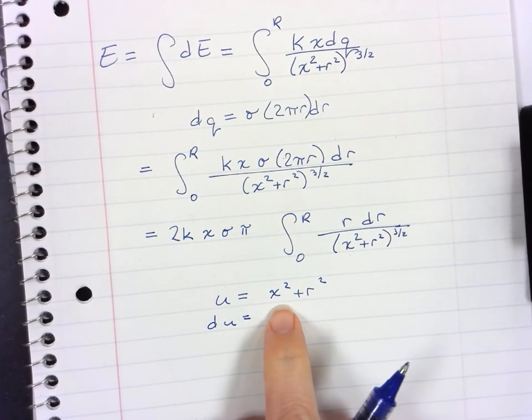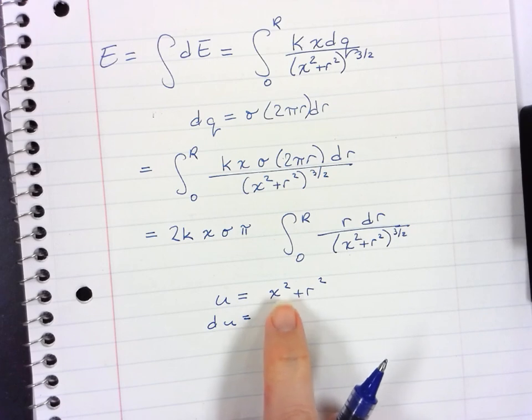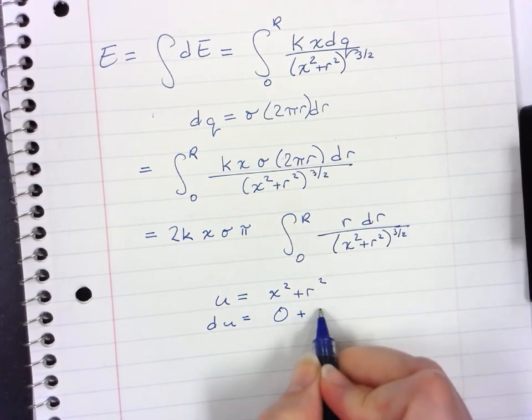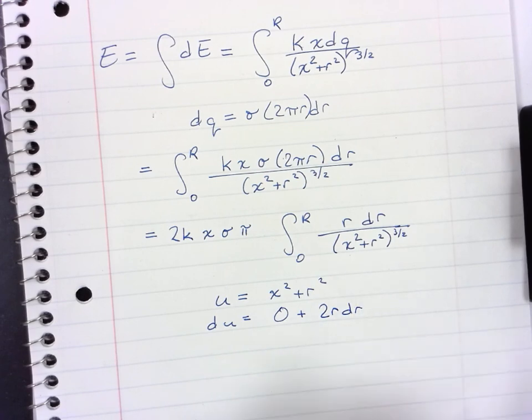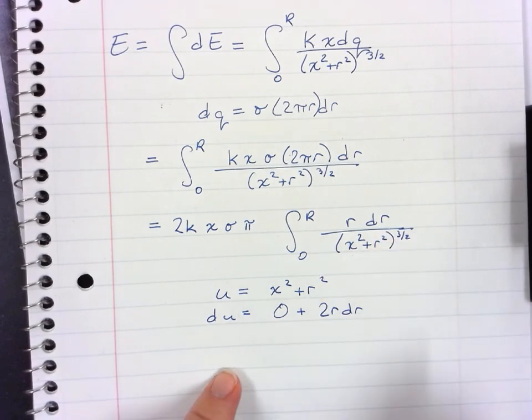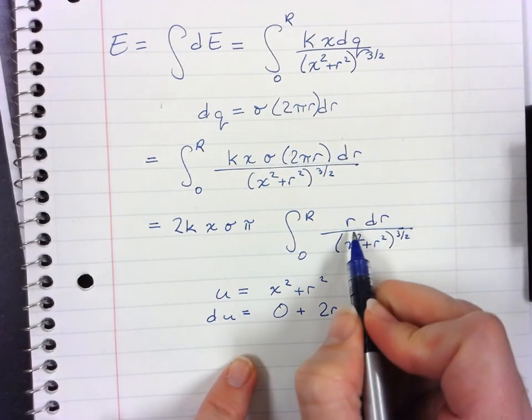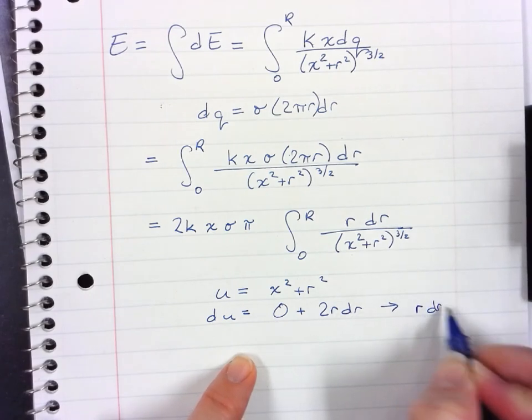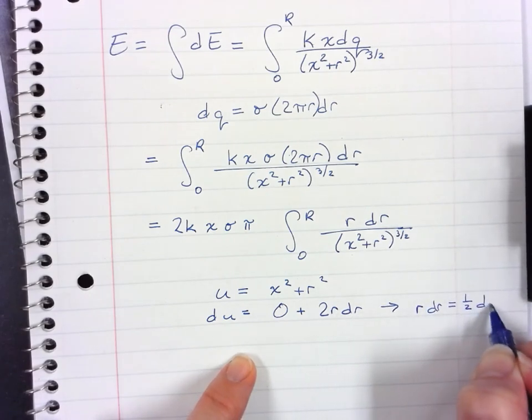X, remember, is a constant, so its derivative is 0. Plus the derivative of r squared is 2r times its differential. So du equals 2r dr. If we rearrange this, we can substitute for both r and dr up there. So r times dr equals 1/2 du.